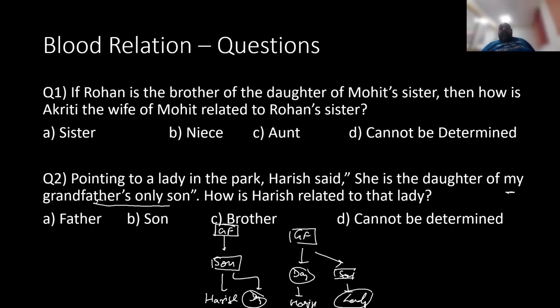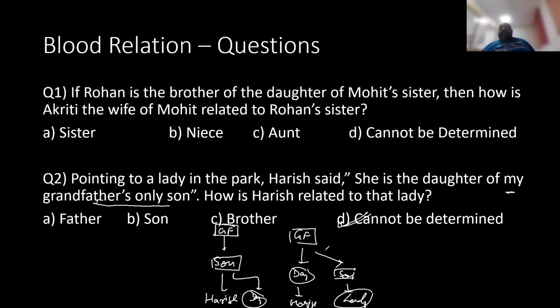Number one, the lady could have the same father as Harish if the grandfather only has a son. If the grandfather has a daughter and a son, the son has the lady as his daughter, and grandfather's daughter has Harish as maybe her son or something. So in this case, Harish could be the brother. Harish could also be the cousin, and therefore cannot be determined.